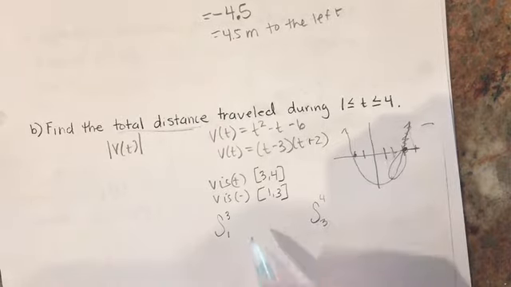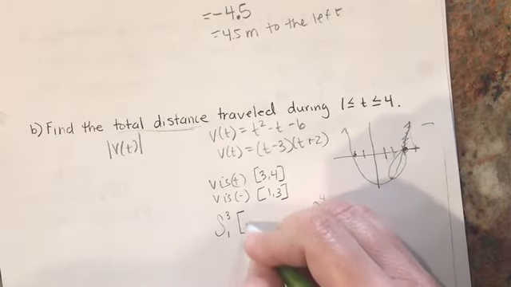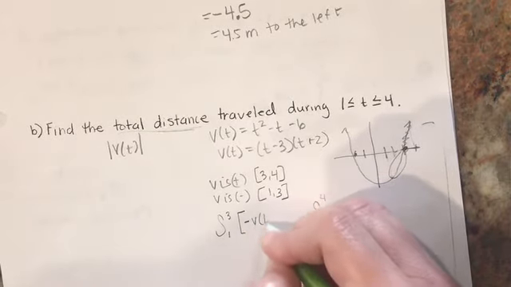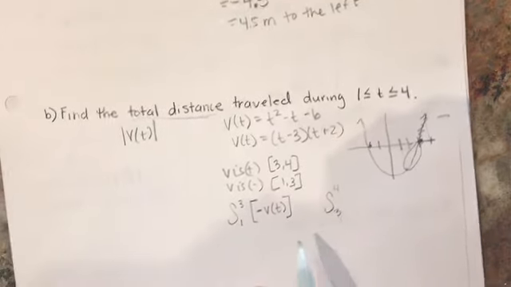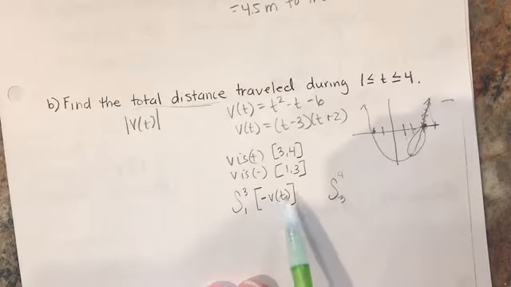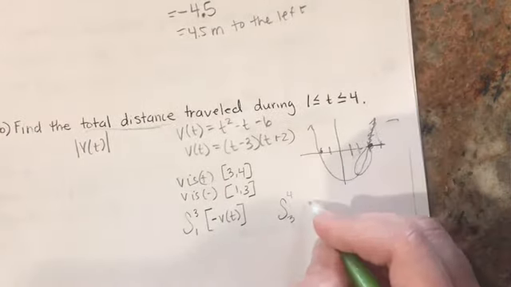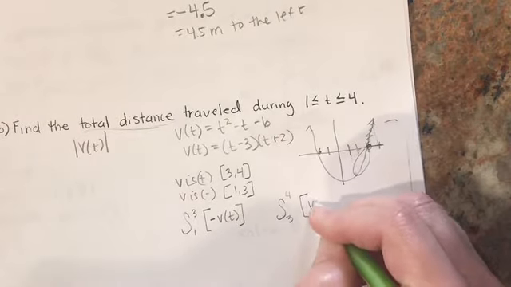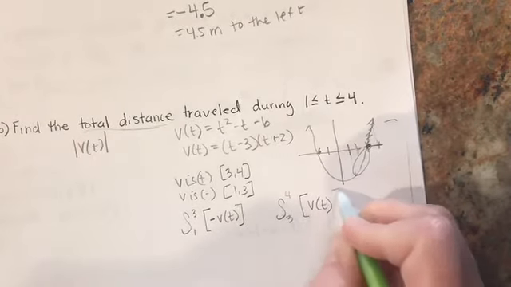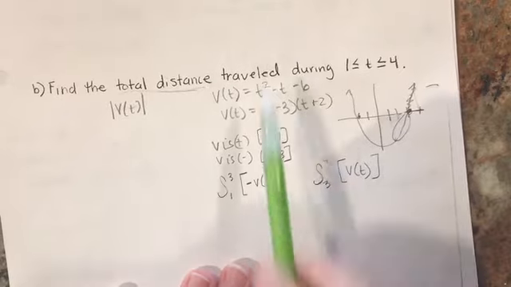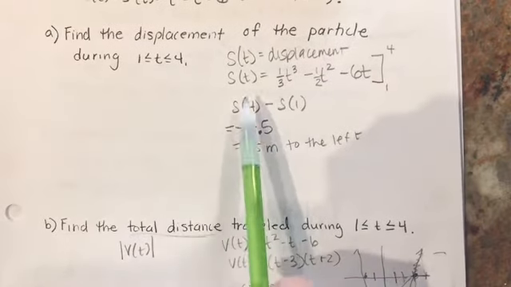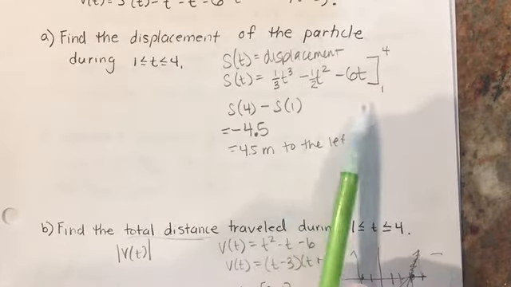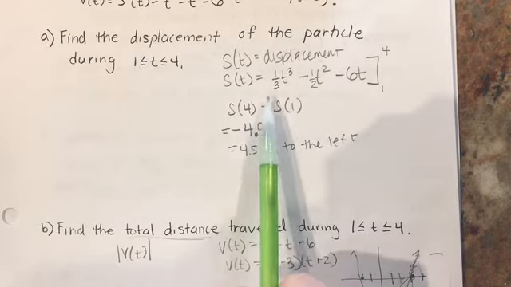So what you do here, and this is in the book, is we want to do the opposite of the negative velocity, because a negative times a negative is a positive. And here we want to integrate the actual velocity. So we're going to use what we had above, this formula right here, but we have to do this opposite.